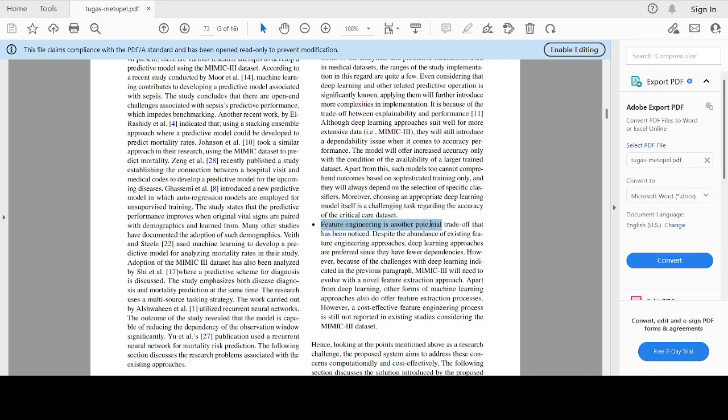Feature engineering is another potential trade-off that has been noticed. From my understanding, data science students now, in order to graduate from their degree, need to utilize feature engineering more, while computer science students will probably focus more on algorithm modification.